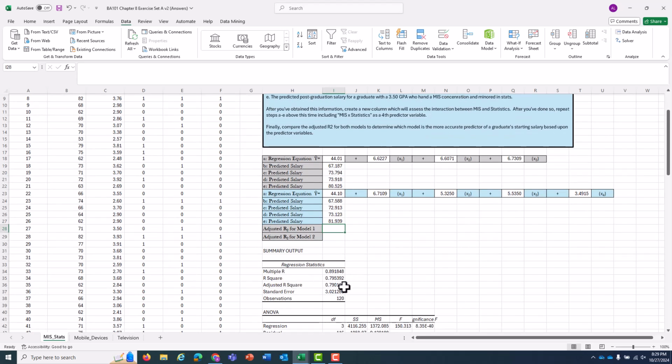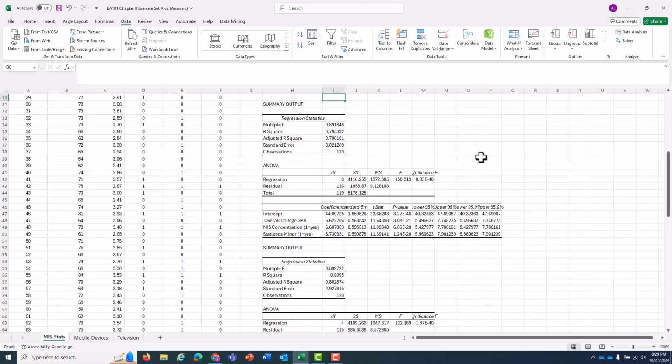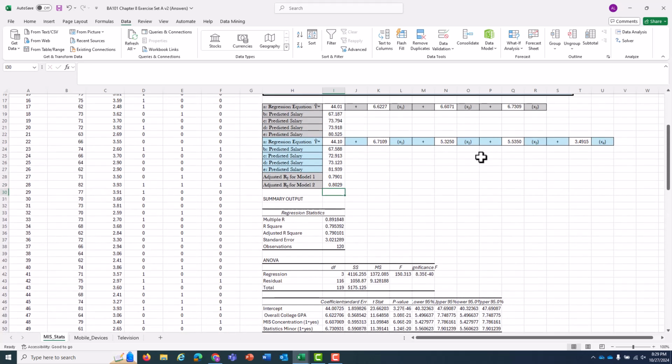The first time it was 0.790101, if you will. So I'm going to go and just fill in that number. But what was it for our second model? Our second model has an adjusted R squared of 0.8028. Not a huge difference. There's really not a huge difference in any of our numbers, but from this alone is our measure of goodness of fit.